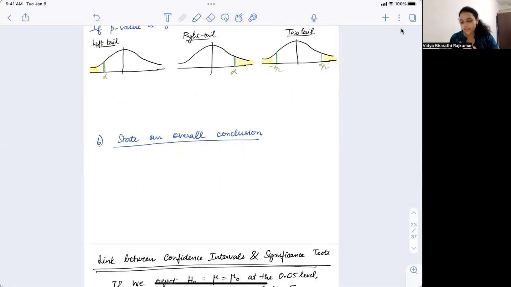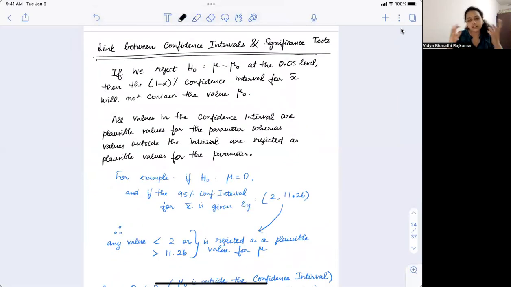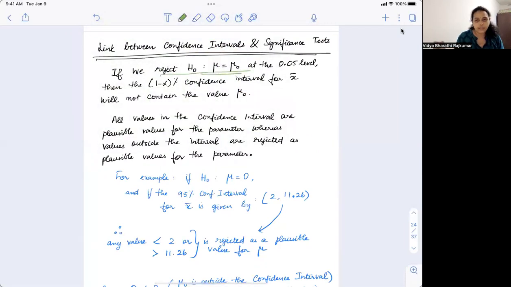Now, I mentioned in the previous video that there's a very close link between the hypothesis testing process and constructing confidence intervals. The link is that suppose you decide to reject the null that mu is equal to some level at a 5% significance level, or 1 minus alpha percent confidence interval, then the equivalent scenario is that the 95% confidence interval for x bar will not include that hypothesized mu value.